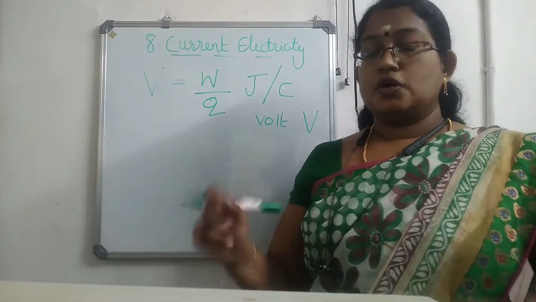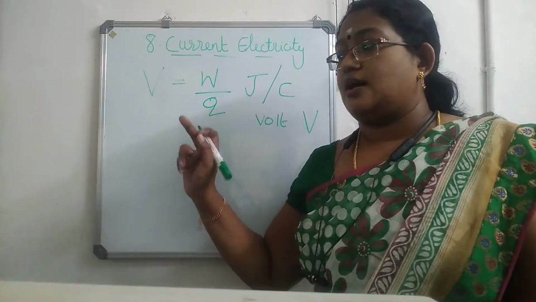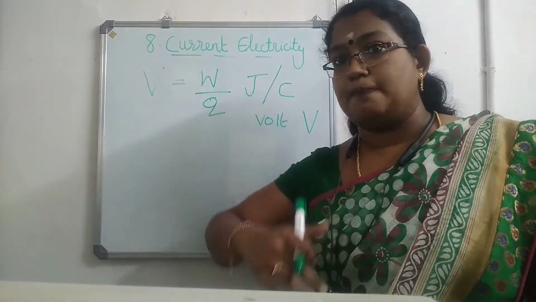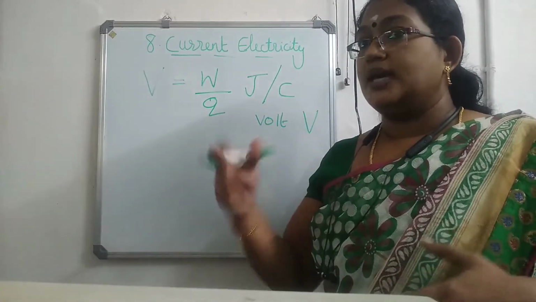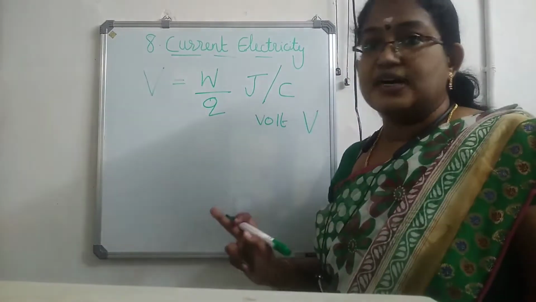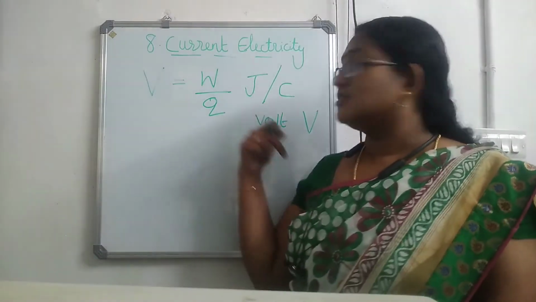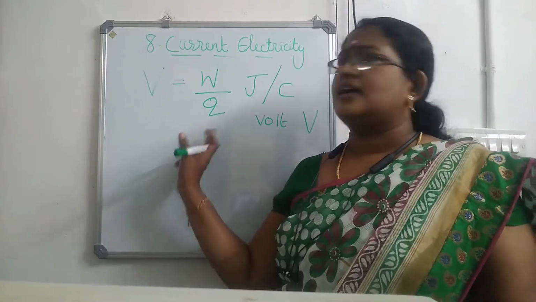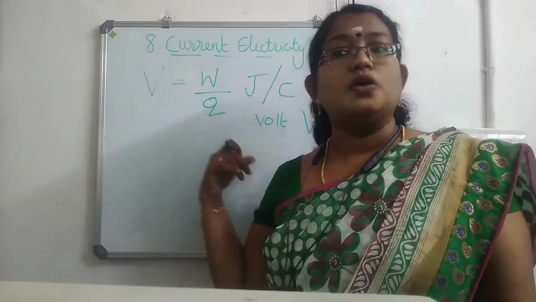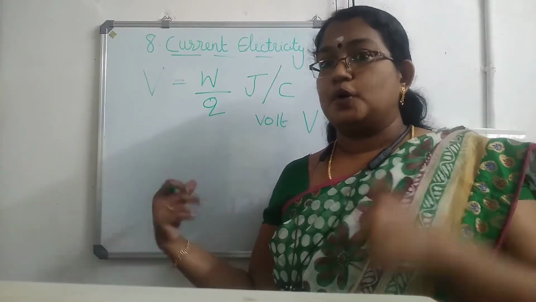So when you are moving 1 coulomb of charge from infinity to a point by doing 1 joule of work, we can say that the potential at that point is 1 volt. So just study the equation. From that you can give the definition for volt. So that is about electric potential.